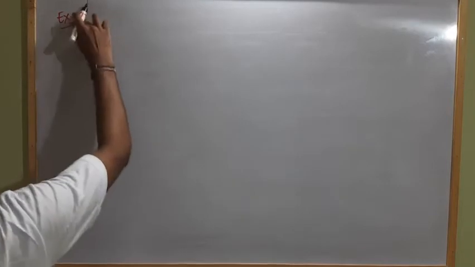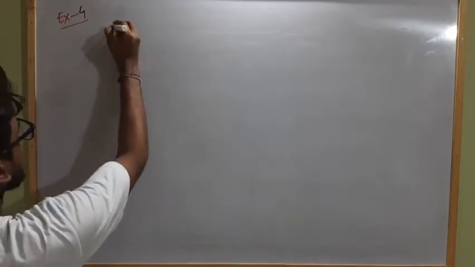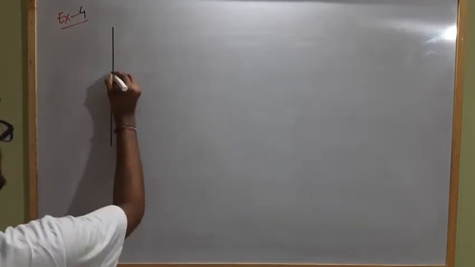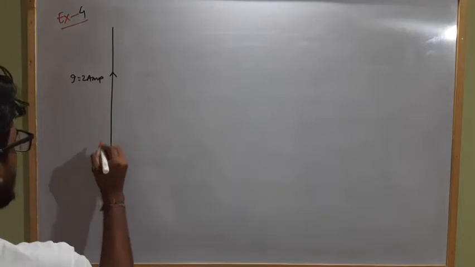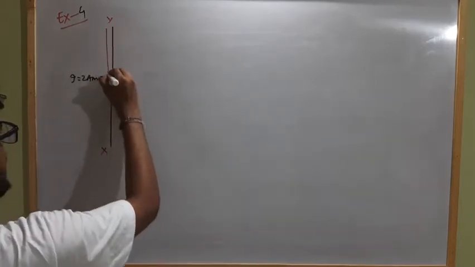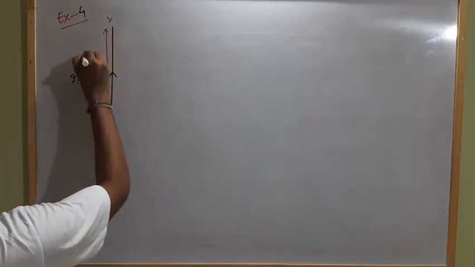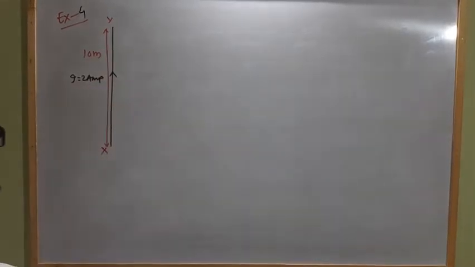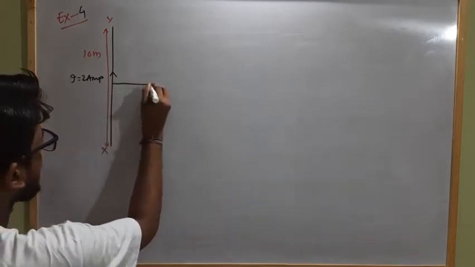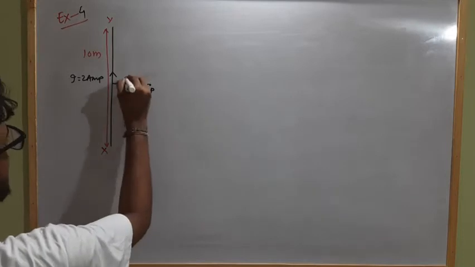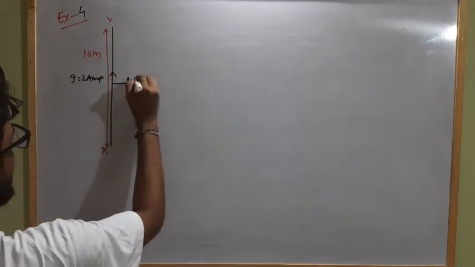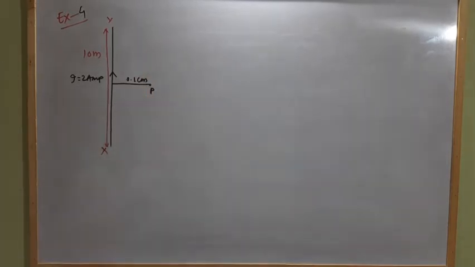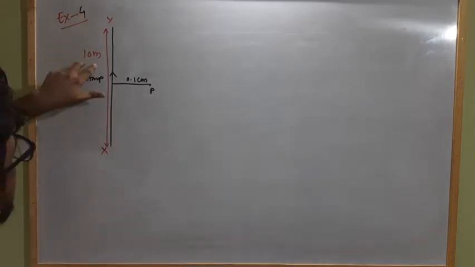Now let us take another example 4. Here is a long straight current carrying conductor which carries current I equal to 2 ampere, and the length of this current carrying conductor, let this be x and y, is 10 meter.